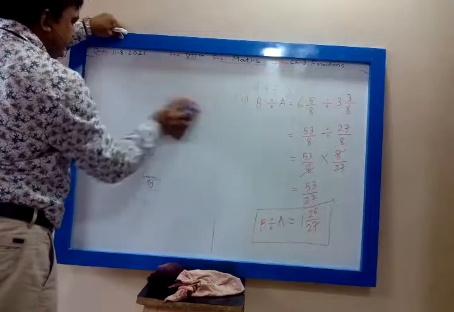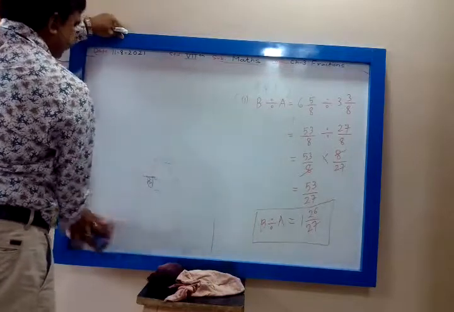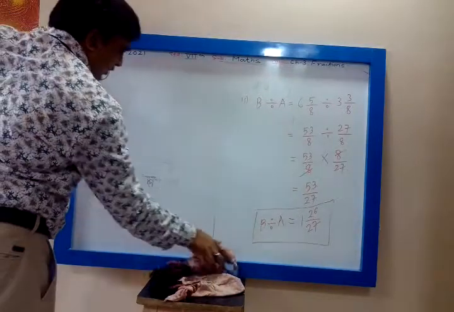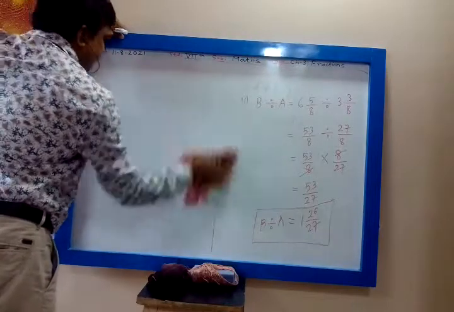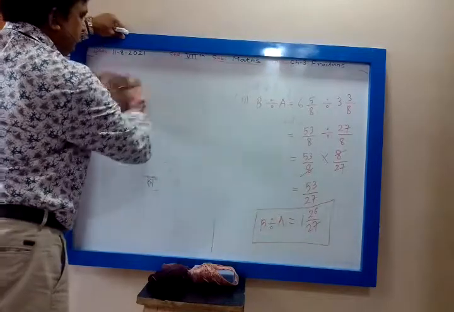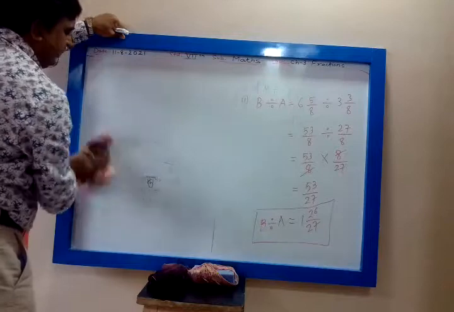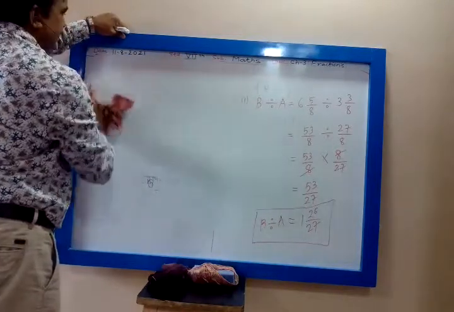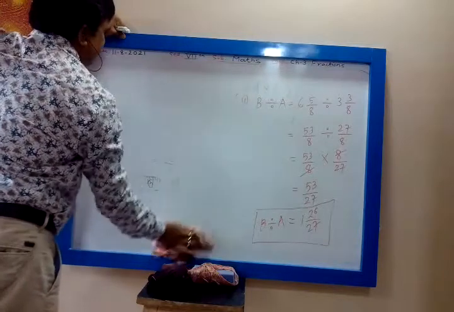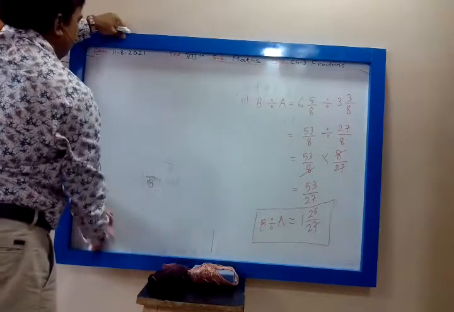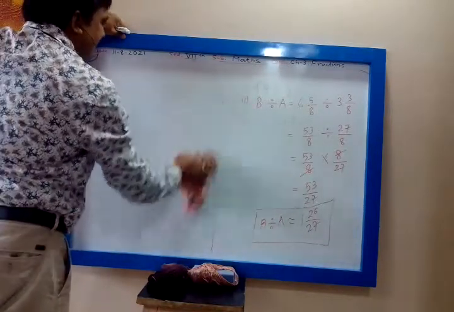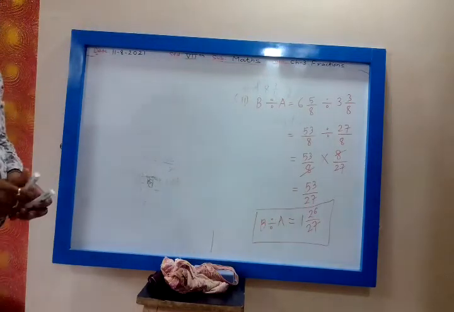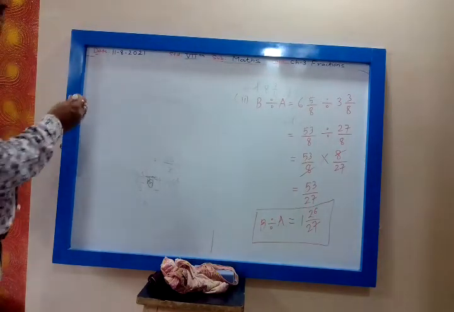The cost of, so total cost is given. Whenever total cost is given and it is asked to find the cost of one article, then we divide. When the cost of one article is given, to find the cost of many articles we multiply. That you remember. So 18.